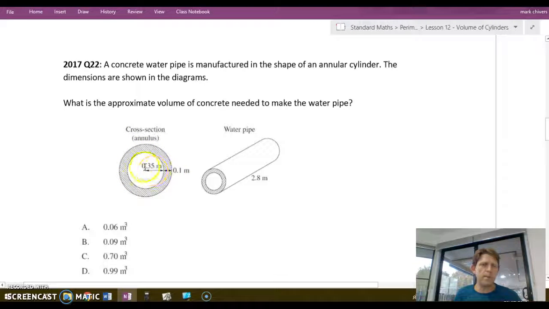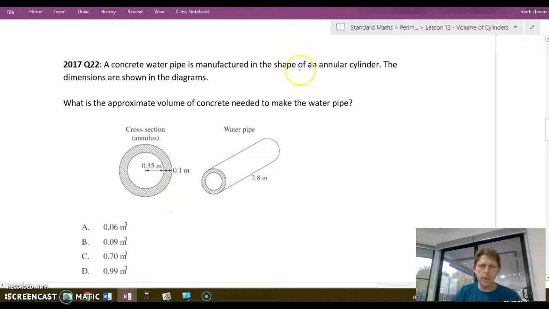Now the area of that base is going to be this large cylinder on the outside, take away this small cylinder on the inside that's been cut out, or this small circle on the inside. So we want to know this large circle, take away the area of that small circle.